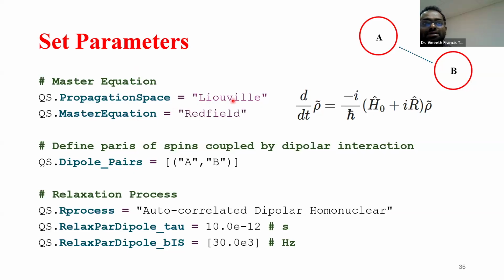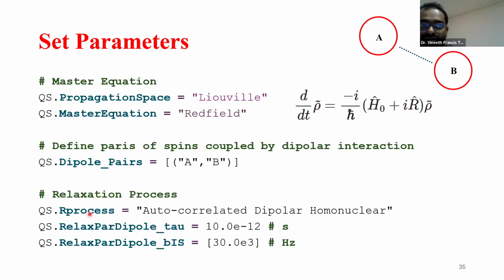So instead of using Hilbert space, we are going to use Liouville space to solve this problem. And we are going to use the Redfield master equation. Now you want to define the couplings, which spins are coupled by dipolar interaction. So you are saying A and B are coupled by dipolar field.